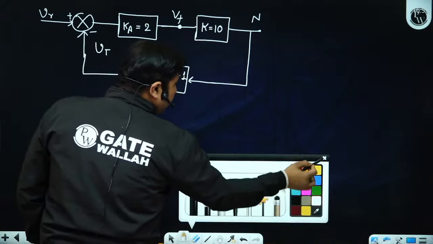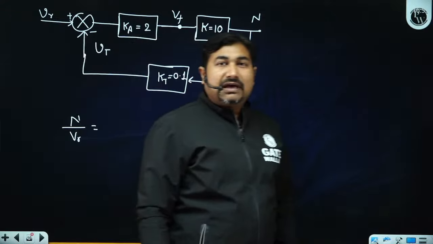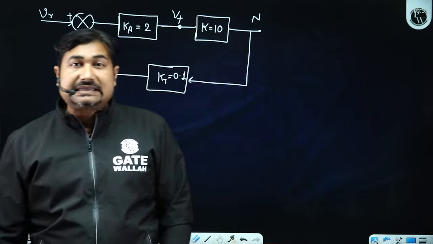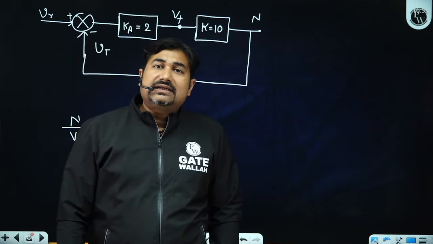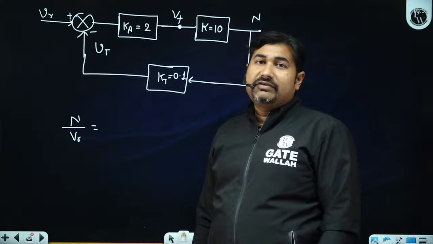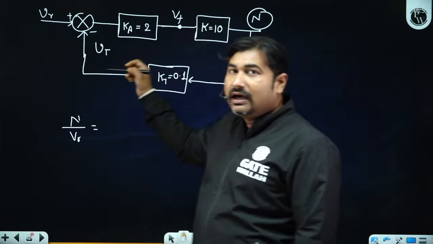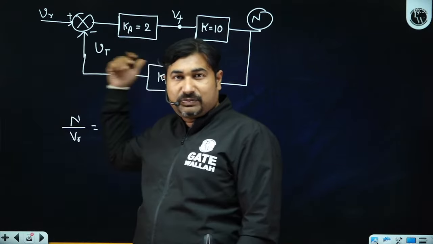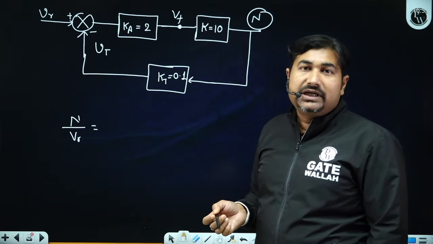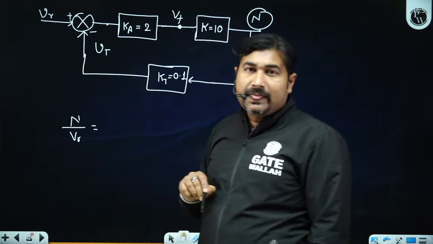If we calculate the N by VR ratio, see, sometimes while solving questions in control system, you calculate the steady state error, and you find that steady state error cannot be directly calculated as GSHS. Instead of that we have to convert it into unity feedback. The reason is that your output is in a different domain, like speed, and input is in a different domain. You can't compare the two domains directly. So you need to convert it into an equivalent unity feedback for finding the steady state error. So always remember that.